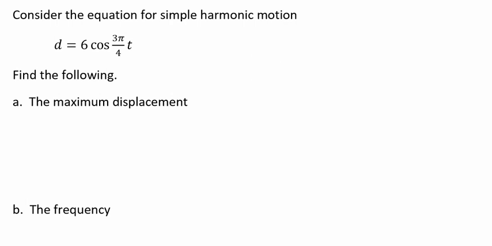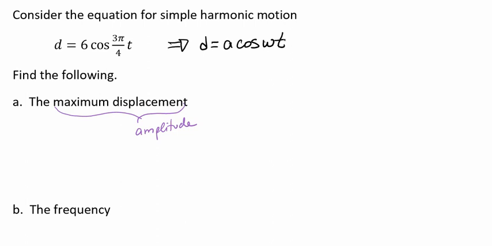The maximum displacement is the amplitude. Now recall from before that our basic simple harmonic formula is d equals a times the cosine of wt, where a can be found for our amplitude. So our amplitude equation is the absolute value of a.